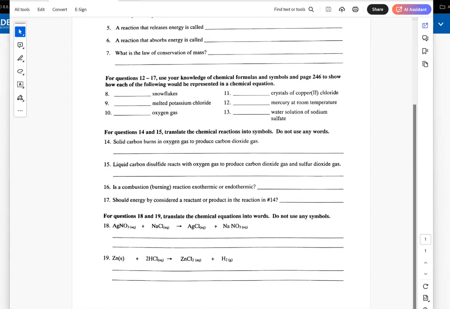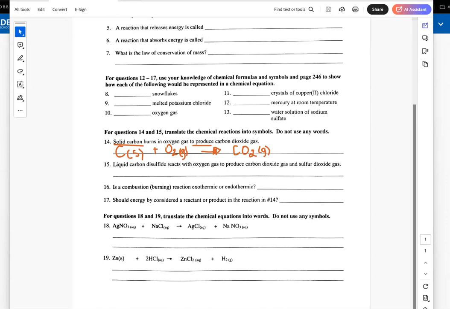Solid carbon, so just like we did here, it's just literally C with an S. Burns in oxygen gas, so I'm going to add plus O2 gas. Those are the key words, to produce, so that means an arrow is coming. Carbon dioxide gas, remember that's a covalent compound that we learned about. It's linear, if you remember that, gas, like that.